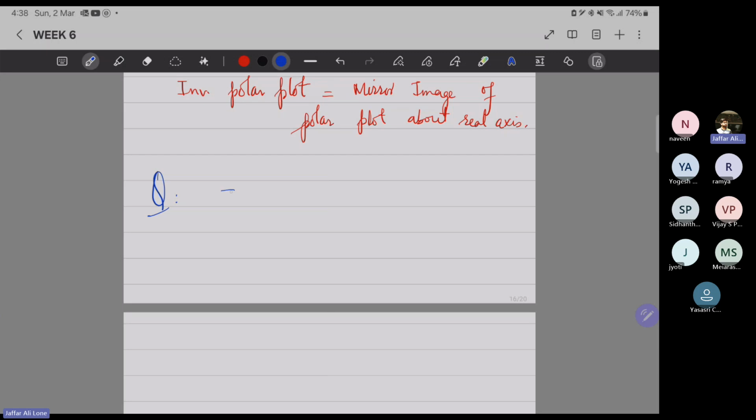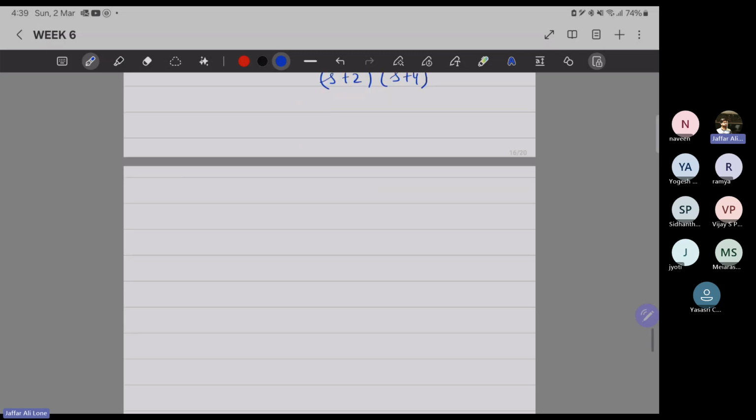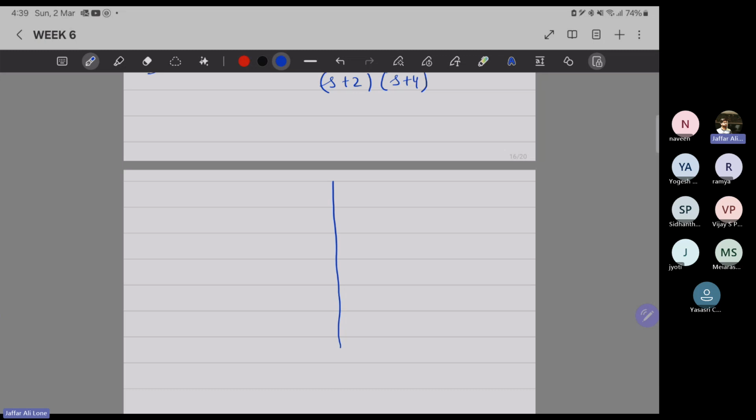We have been asked to draw the Nyquist plot for the following transfer function. There is no zero in the transfer function, and there is no pole in the right half, so whatever we have learned is applicable here. This is the real part of GH, this is the imaginary part of GH.